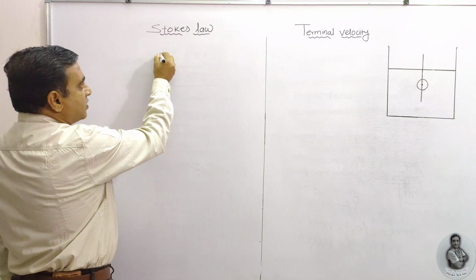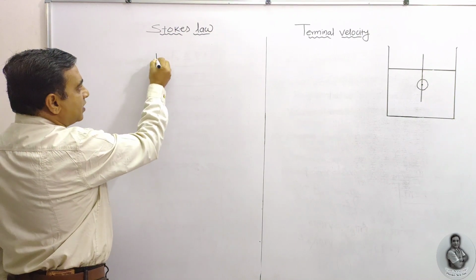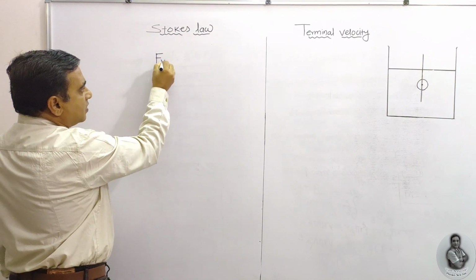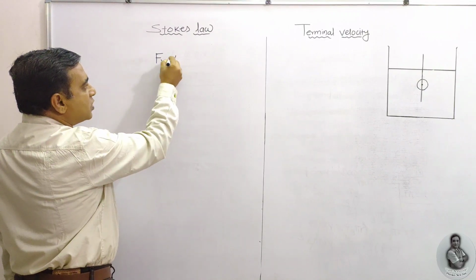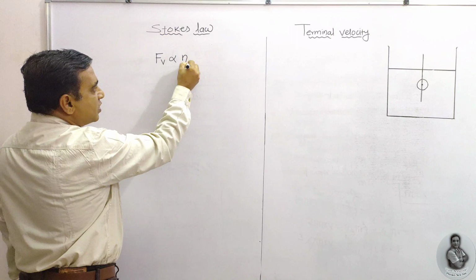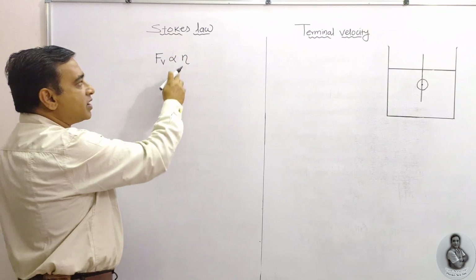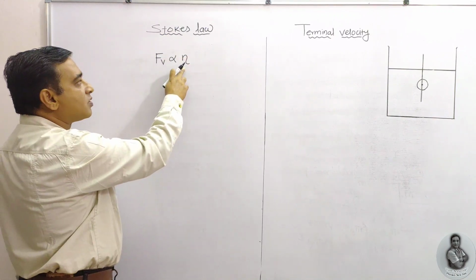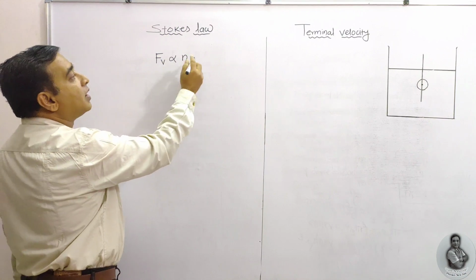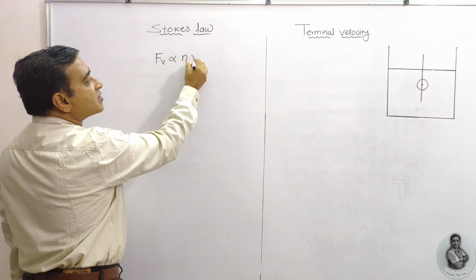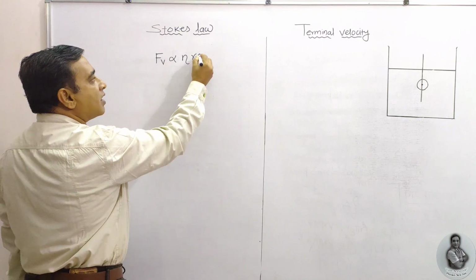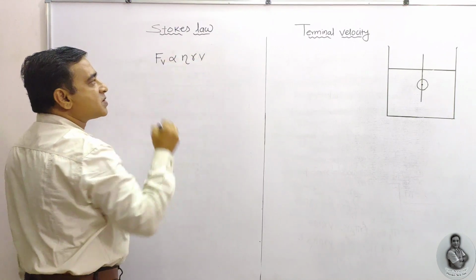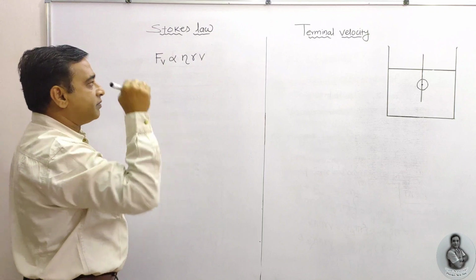According to Stokes, the viscous force acting on the body, denoted by the symbol Fv, is proportional to the coefficient of viscosity, which we already saw in the previous video, the radius of the spherical body which passes through the liquid, and the velocity of the body which is passing through the liquid.